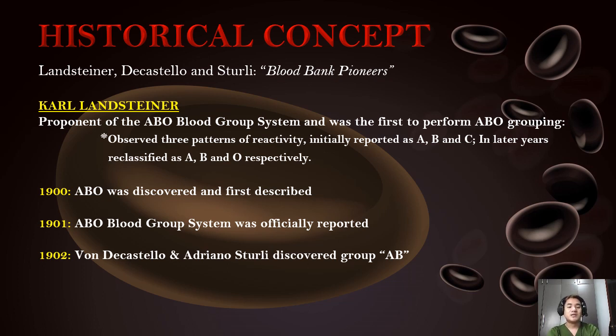As you can observe, for those who have been reading Harmening, 1901 was indicated as the year of discovery of the ABO blood group system, but in other references like Henry's and multiple others, the details go the same: 1900 for the discovery and 1901 for the official reporting of the ABO blood group system.